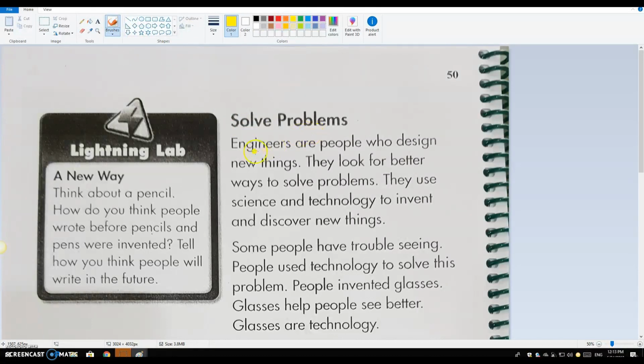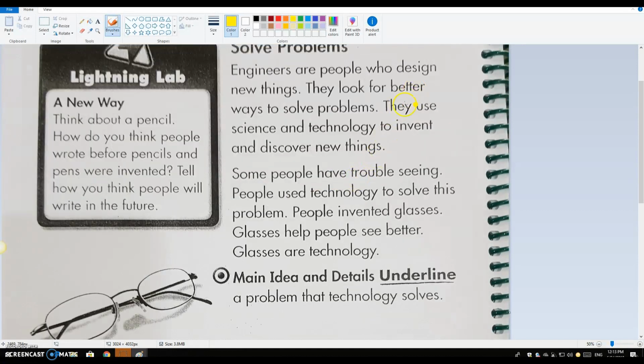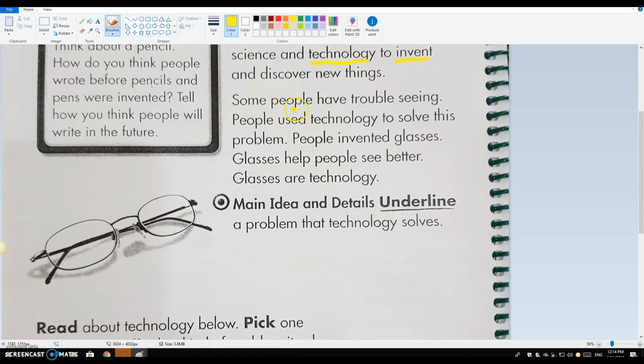Solve problems. Engineers are people who design new things. They look for better ways to solve problems. They use science and technology to invent, here's our words, technology and invent, and discover new things. Some people have trouble seeing.